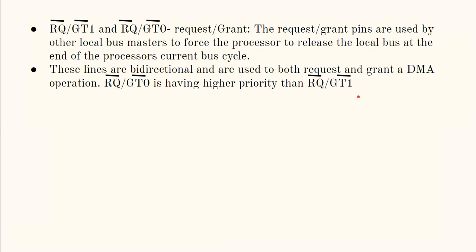That means if the request comes on the 0 pin and the 1 pin both, the control of the buses will first be given to the request coming on the 0 pin, as it has the higher priority. So whenever this request input comes, the processor releases the local bus control at the end of its current bus cycle. These were the functions of minimum and maximum mode signals.